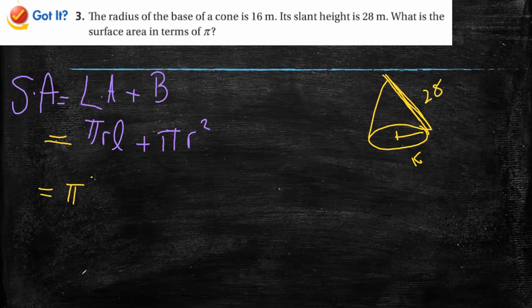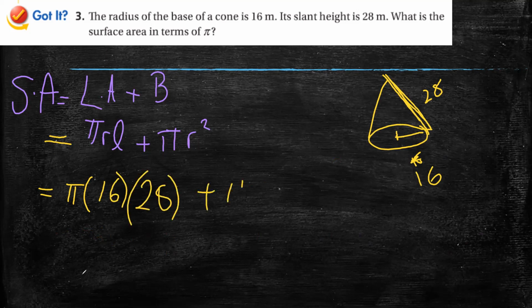So pi times the radius 16 times the slant height 28 plus pi r squared, the radius here is 16 squared. So it is pi times 16 times 28. This is the lateral area, and pi times 16 squared is the area of the base. Now let's add them.